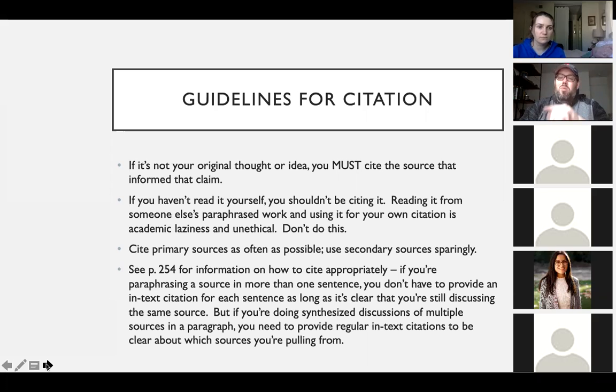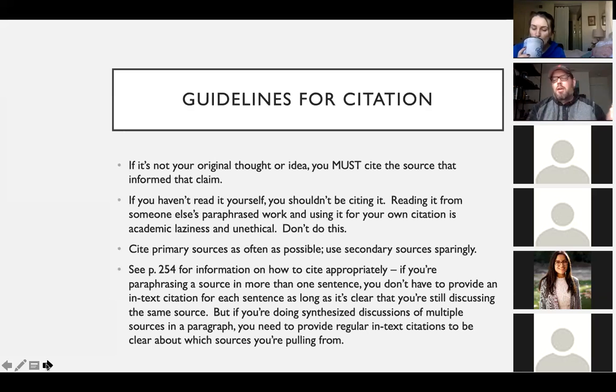Additionally, if you haven't read the article that you're citing, so if you're reading a textbook that's talking about somebody else's work, you shouldn't just take that textbook's assumption that they have the right interpretation of somebody else's ideas. You should go to the original source and cite the original source, not use a secondary source from the textbook.